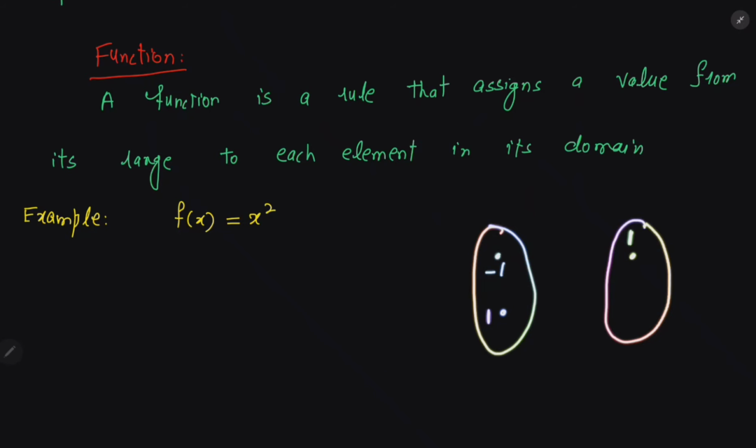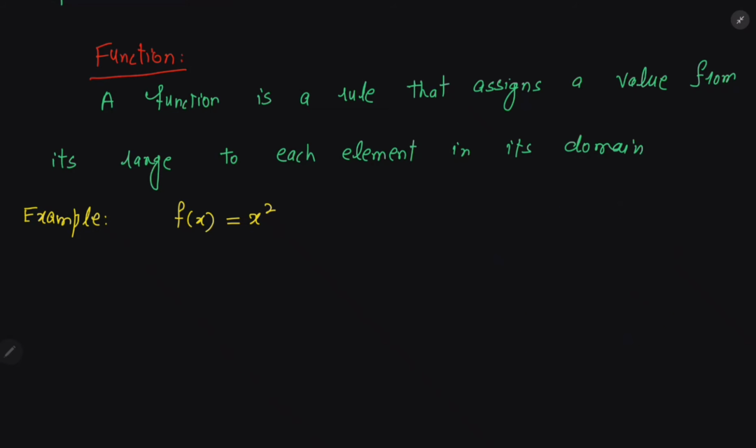So it means that for two input values, we have one range value. So we say that when we put x is equal to -1, then we get 1. When we put x is equal to 1, then we get 1. The range is 1. So multiple input elements give you only one output.